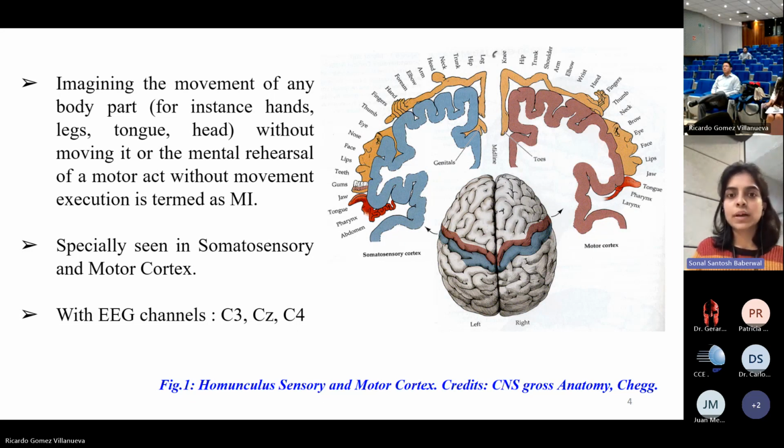And mostly it is found in the motor cortex, and the channels associated with it are C3, CZ, and C4. And the fun fact is that the left side of our brain controls the right side of the body, and the right side of the brain controls the left side of the body. And that's how we associate the channels and take them into consideration during the analysis. Next slide, please.